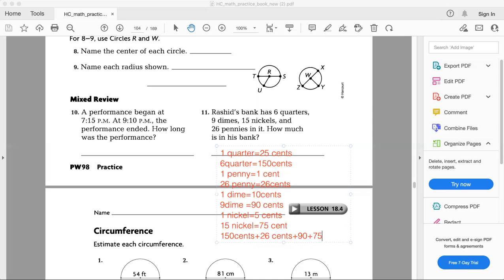Then 266 plus 75 is 341. Very good. Excellent. This is the correct answer. So have you understood, Tuhin, how you have to do this sum? Yes, ma'am. Great.